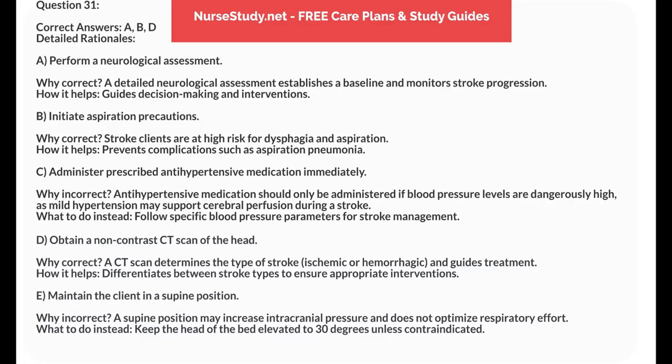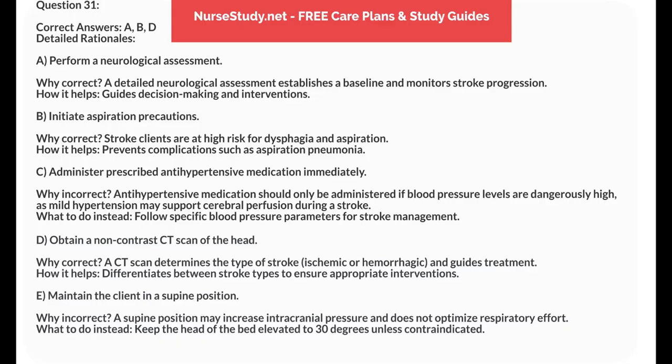How it helps, prevents complications such as aspiration pneumonia. C. Administer prescribed antihypertensive medication immediately. Why incorrect? Antihypertensive medication should only be administered if blood pressure levels are dangerously high, as mild hypertension may support cerebral perfusion during a stroke. What to do instead? Follow specific blood pressure parameters for stroke management.